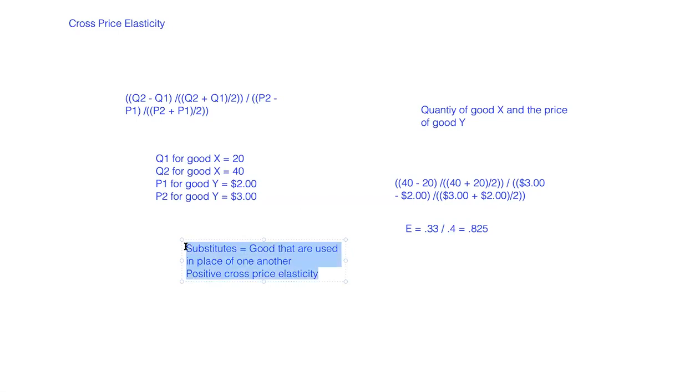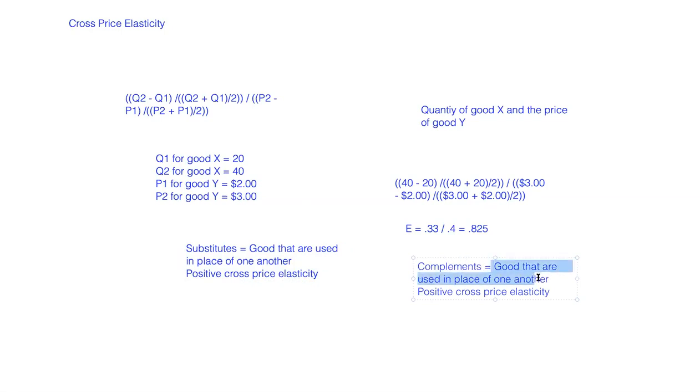Okay, so what happens if it's negative? If it's negative, the goods are going to be complements. Complements are goods that are used together, and they have a negative cross-price elasticity. Complements could be something like coffee and cream, or coffee and milk, or coffee and sugar.